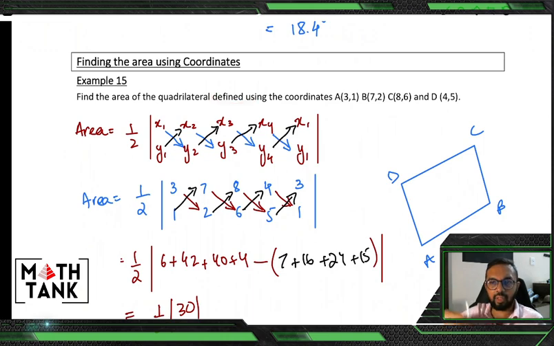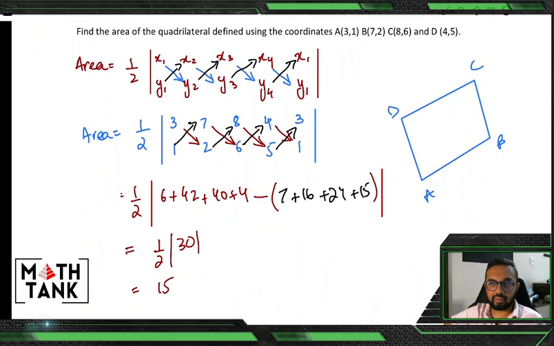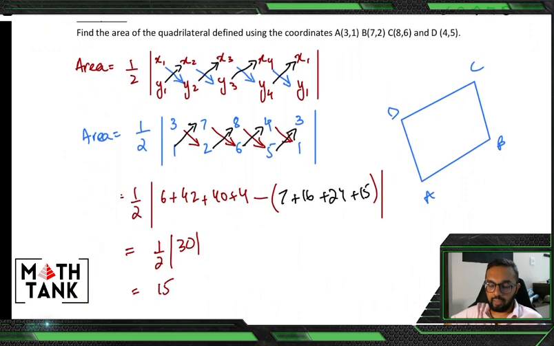You can also use it for a hexagon, pentagon, whatever the case might be. You multiply the diagonals first from the top and add them together, then you put a negative sign and a bracket, and then you use the bottom diagonals and add them together, and then you do the calculations as done here. The final answer gives you the area of the shape enclosed by those coordinates, and that is always true.